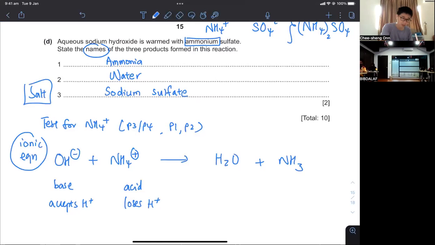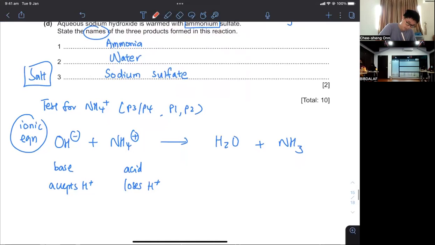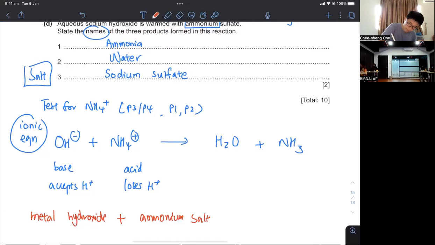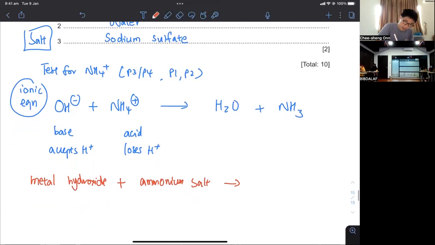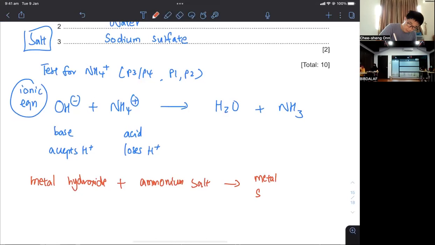If you write in words, you will get sodium hydroxide, which I will write as metal hydroxide. And then I get ammonium salt, ammonium, not ammonia. And then what I'll get is the metal salt.